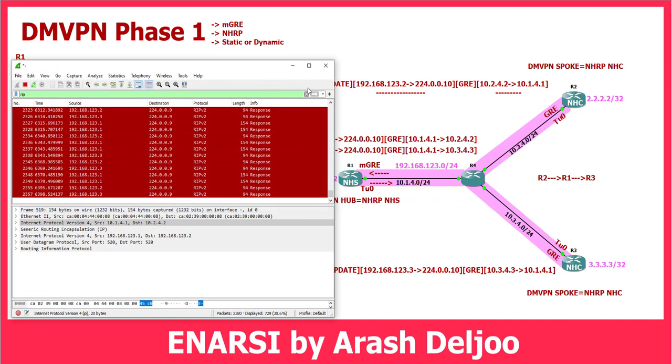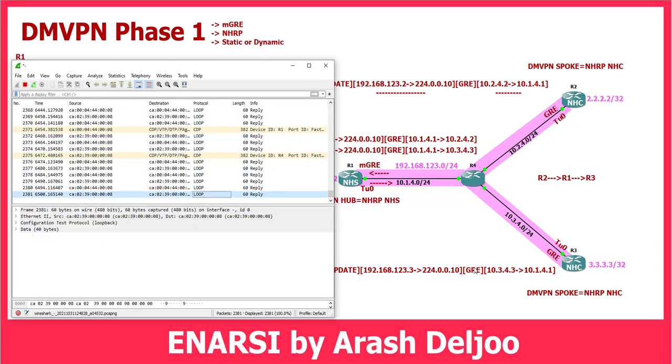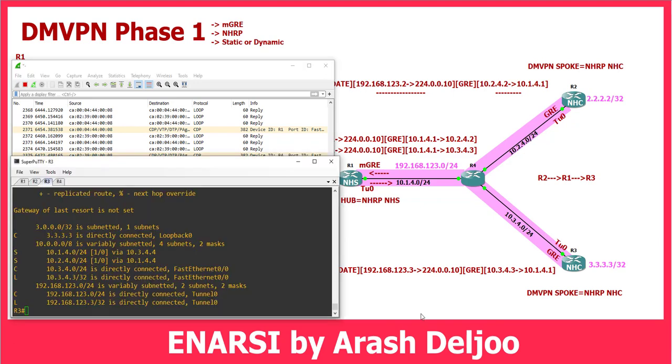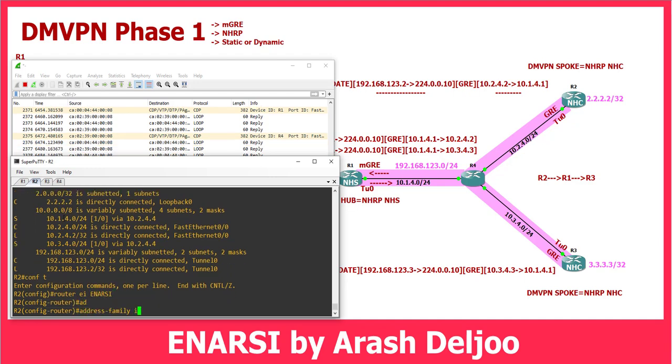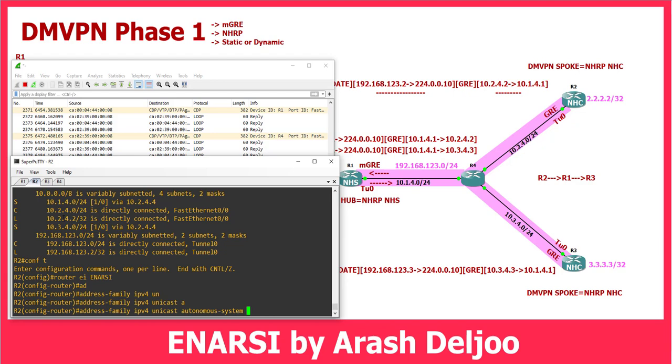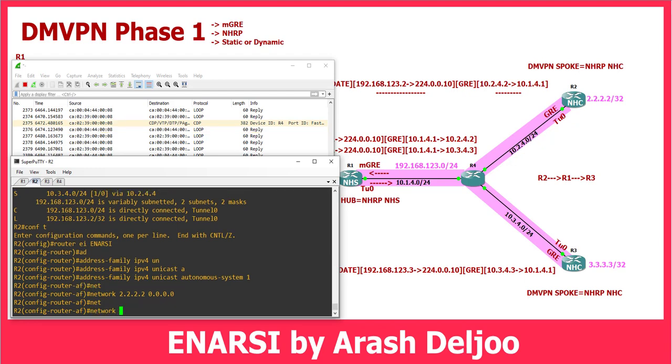Also here, we can verify the result of our configuration. Look at here, starting from router 2. This is router 2 here: conf t, router eigrp NRC. Okay. After that, address-family ipv4 unicast autonomous-system 1, network quad 2, quad 0, and also network 192.168.123.2 quad 0.